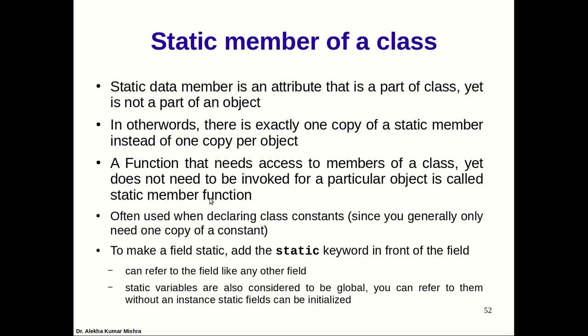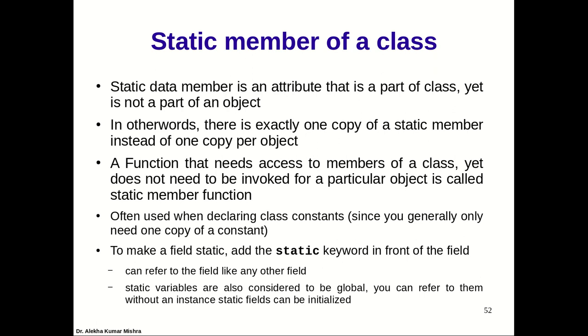So a function that needs access to members of a class yet does not need to be invoked for a particular object is called a static member function. Suppose we define a function which needs to access the members of the class and can be invoked, but while invoking it there is no restriction that it needs to be called with reference to an object. What we have seen so far is that any member function of a class needs to be invoked via an object.